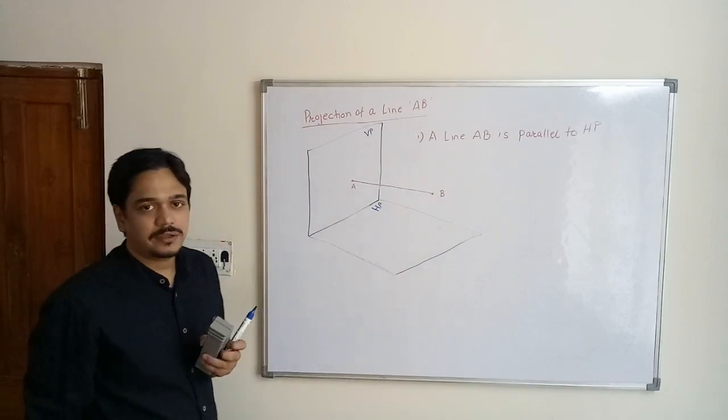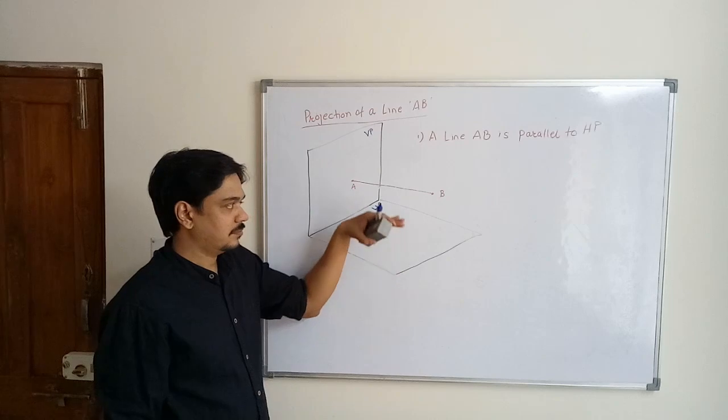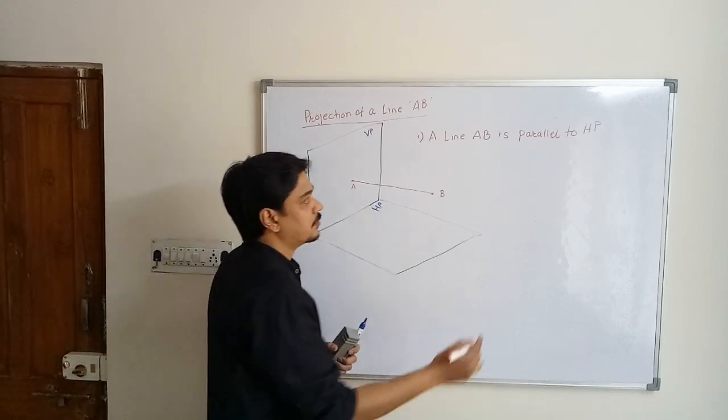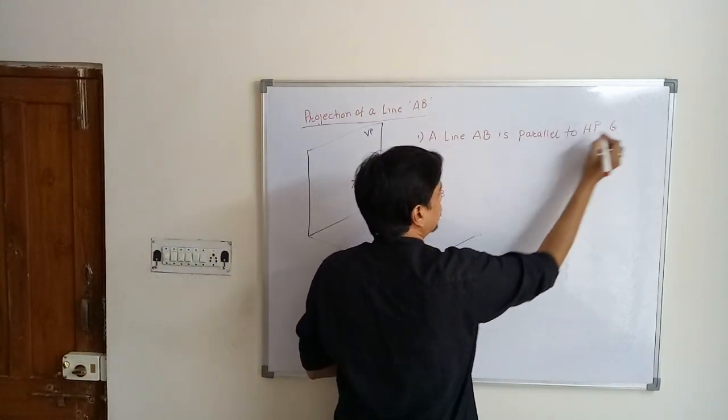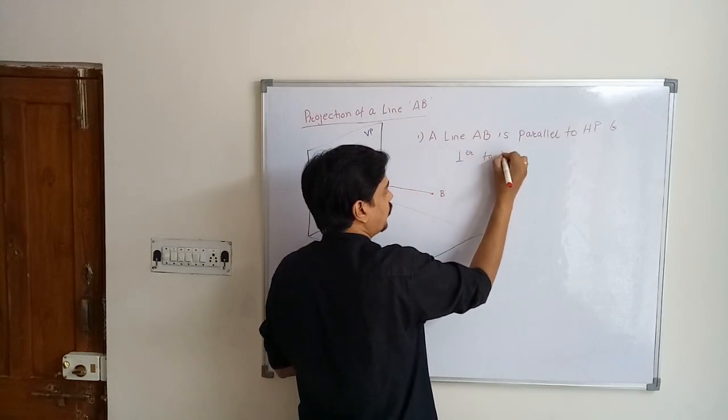So I am naming a line which is parallel to the horizontal plane and perpendicular to the vertical plane.